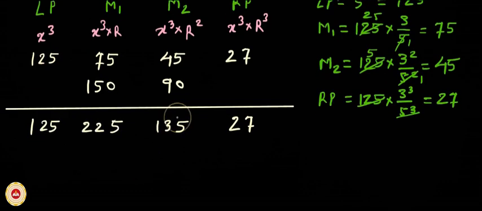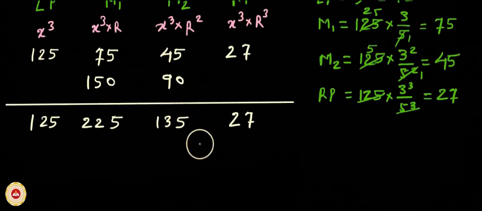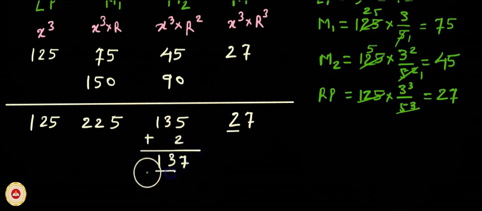Now the next step is balancing. Balancing means passing extra digits if any. 2 is an extra digit, so let us pass this 2 to its immediate left part. So 135 plus 2 is 137. Here we have 2 extra digits, number 13.